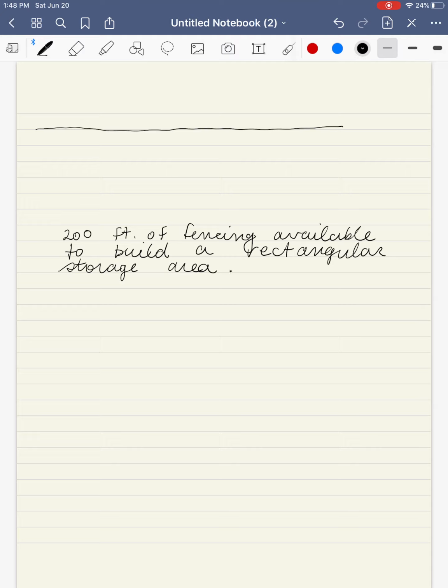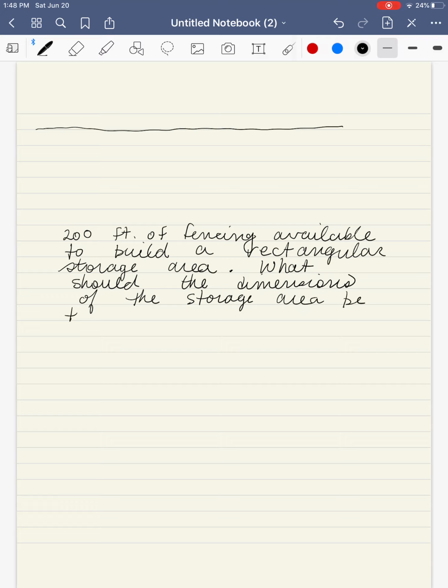We're just going to say that it's all completely fenced in. So we have 200 feet of fencing available to build a rectangular storage area. What should the dimensions of the storage area be to maximize the area?